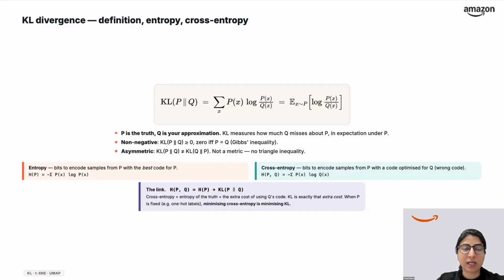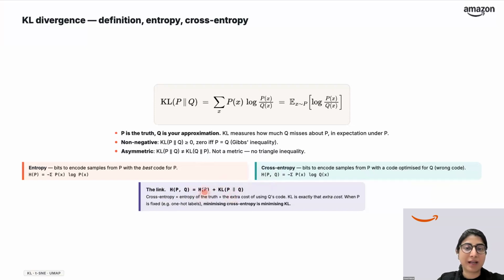There are two related quantities with KL. One is the entropy, which is the bits needed to encode samples from P. Think of it: if P of X is 1/2 for binary, it would have the maximum entropy. The cross entropy is the bits required to encode samples from P when you are using another distribution Q. If you work this out with the math, you'll see that cross entropy comes out as entropy plus the KL divergence.